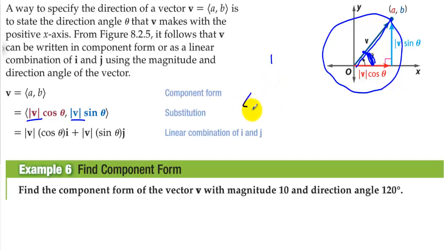So on the unit circle, it'd be 1 times cosine of theta and 1 times sine of theta, but we don't write the ones because 1 times cosine is just cosine. Well, now if the radius or the magnitude of the vector would be 2, you just take 2 times cosine of theta and 2 times sine of theta to find the y-coordinate.